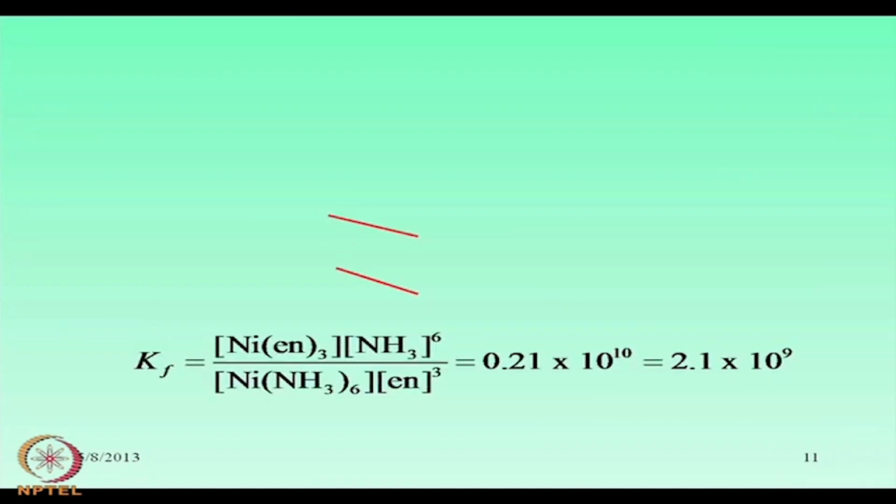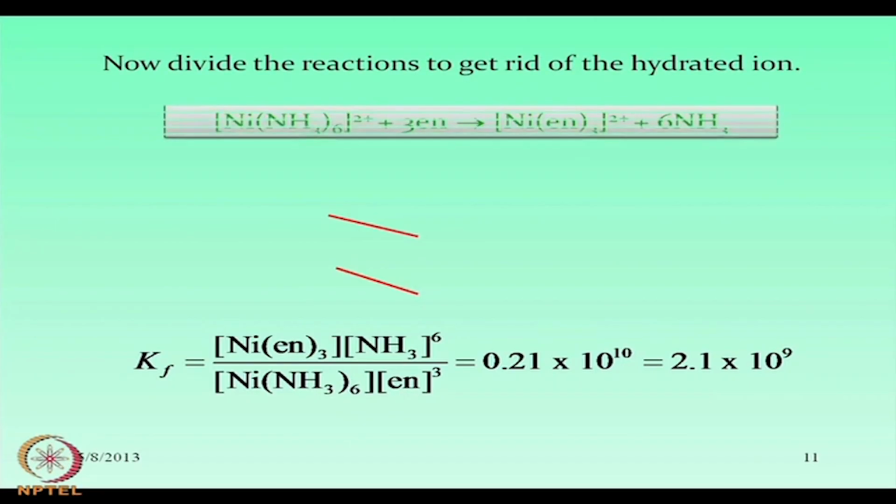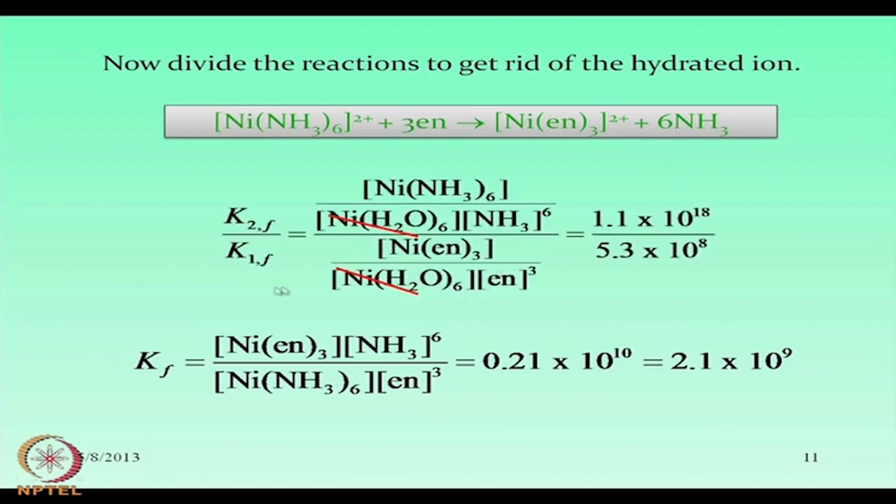So, we see that when we have the corresponding K value from the amine complex, we get the corresponding value for these where the 6 amine groups are substituted with ethylenediamine giving the tris chelate, and this tris chelate is responsible for the removal of 6 NH3 groups.